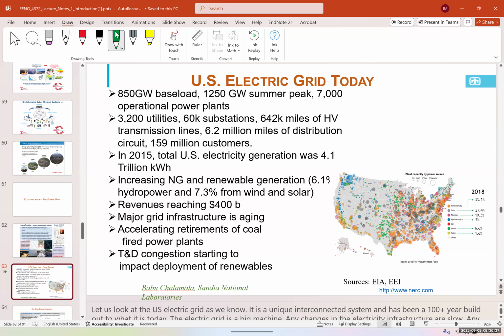This is the US electric grid today. Obviously, these numbers change; these are higher. This is, I think, from 2022, 2023.